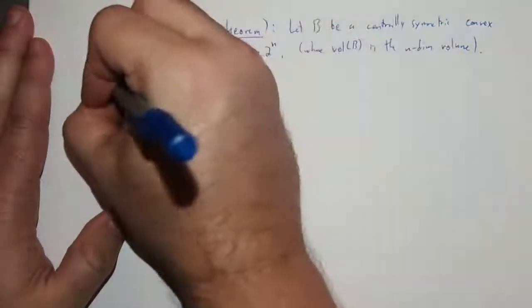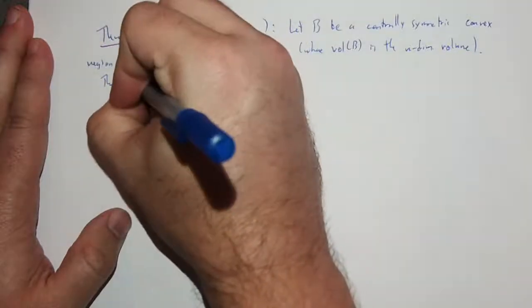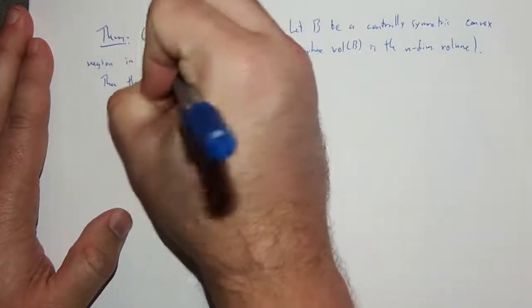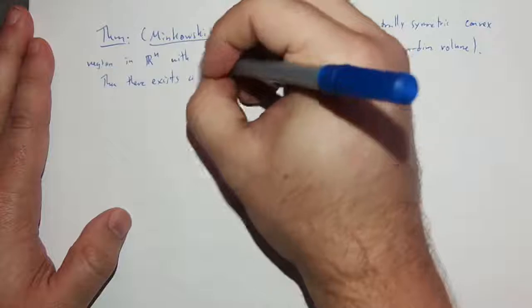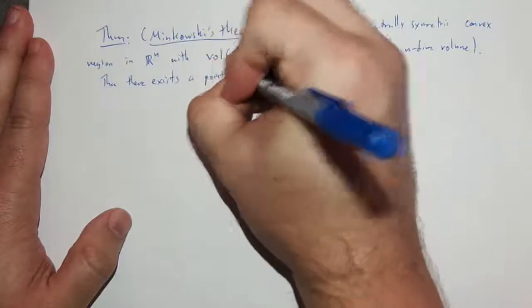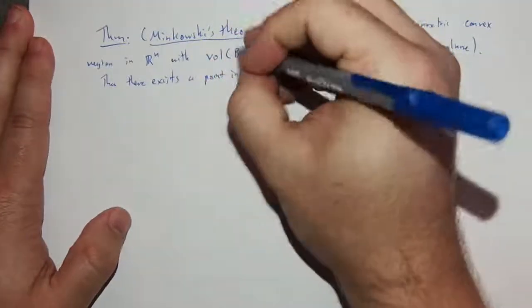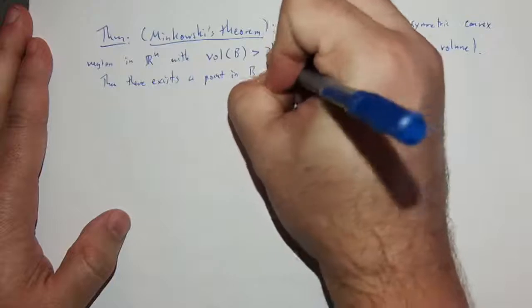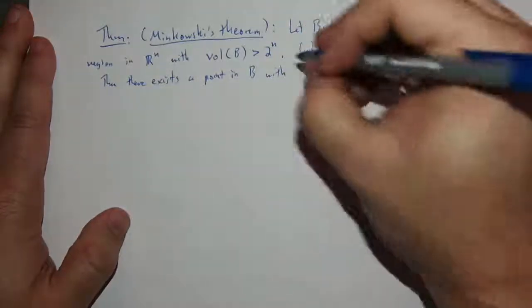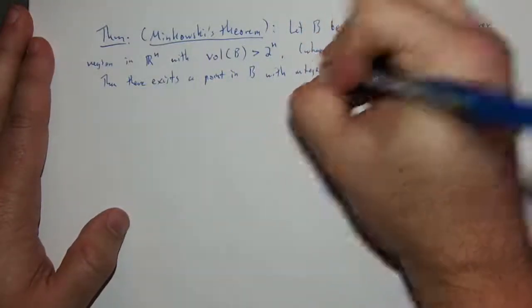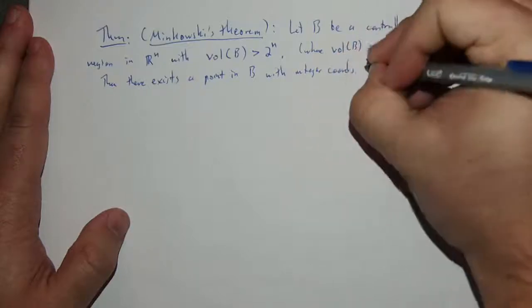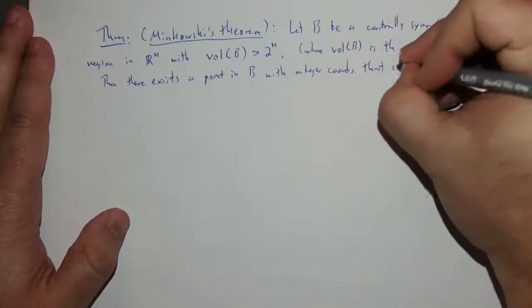Then there exists a point in B with integer coordinates that is distinct from the origin.